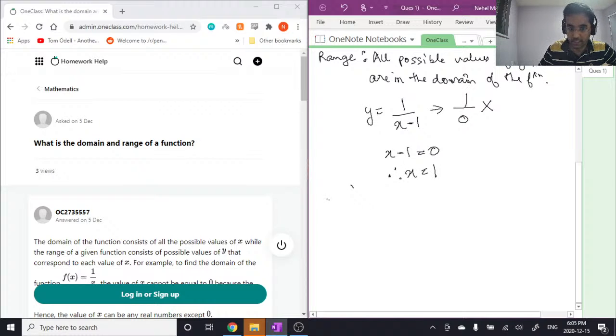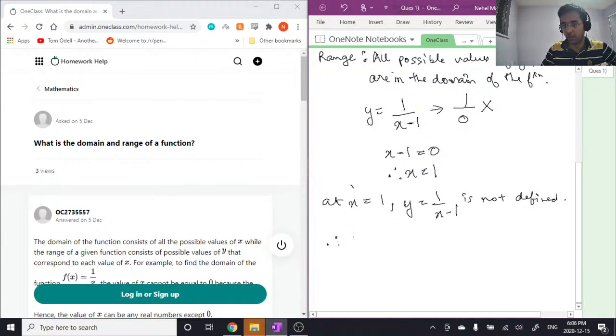From this we can say at x equals 1, our function y equals 1 over x minus 1 is not defined. Therefore, the domain of the function will be all real values except the number 1.